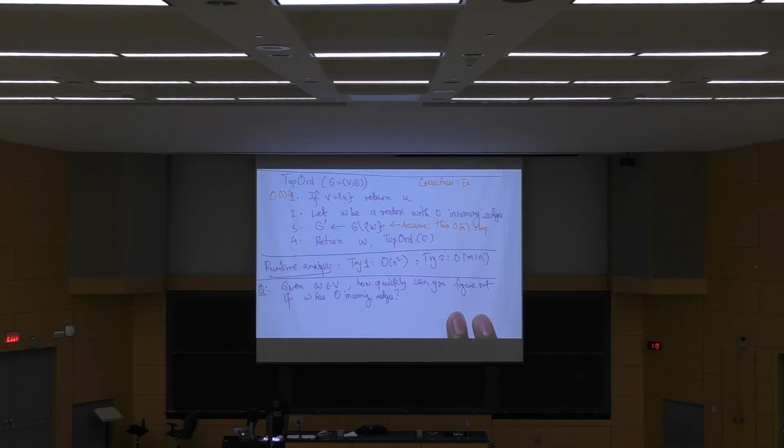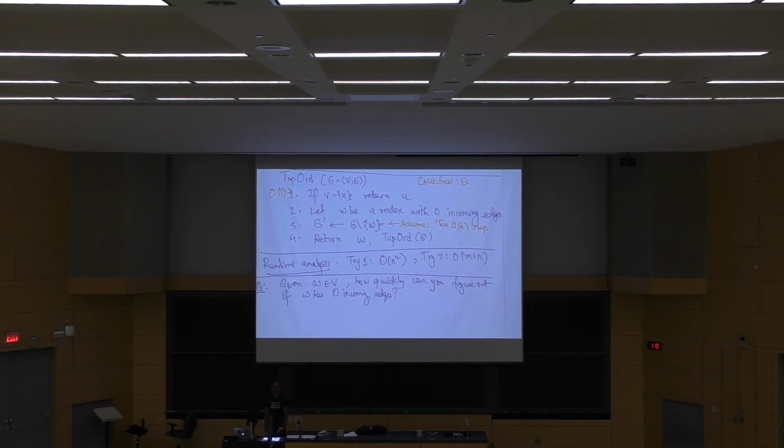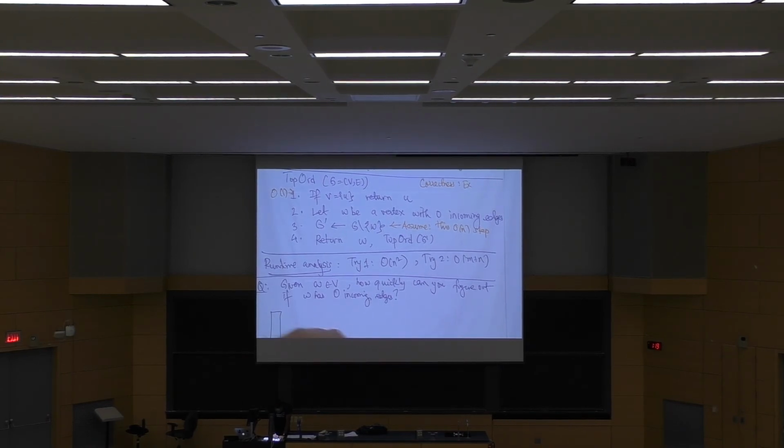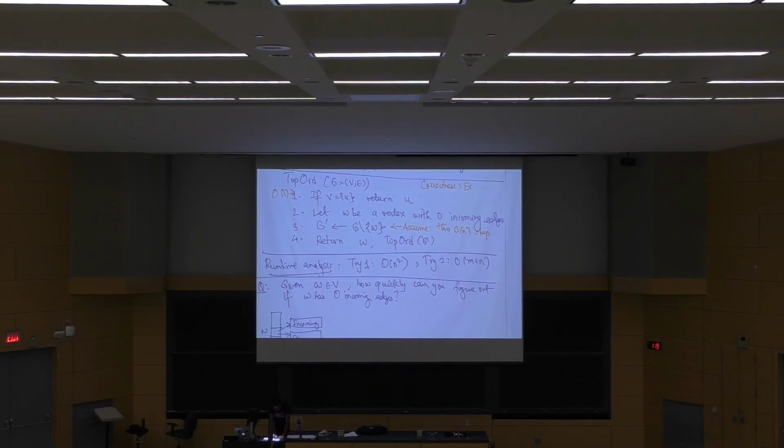And as a reminder, we are assuming this is the adjacency list format. So what does this mean? This means for every vertex W, you have two lists. You have the list of all incoming vertices, and you have the list of all outgoing vertices. So for each vertex, you have both of these lists. And so given this and given a vertex W, how quickly can you figure out whether W has 0 incoming edges or not?